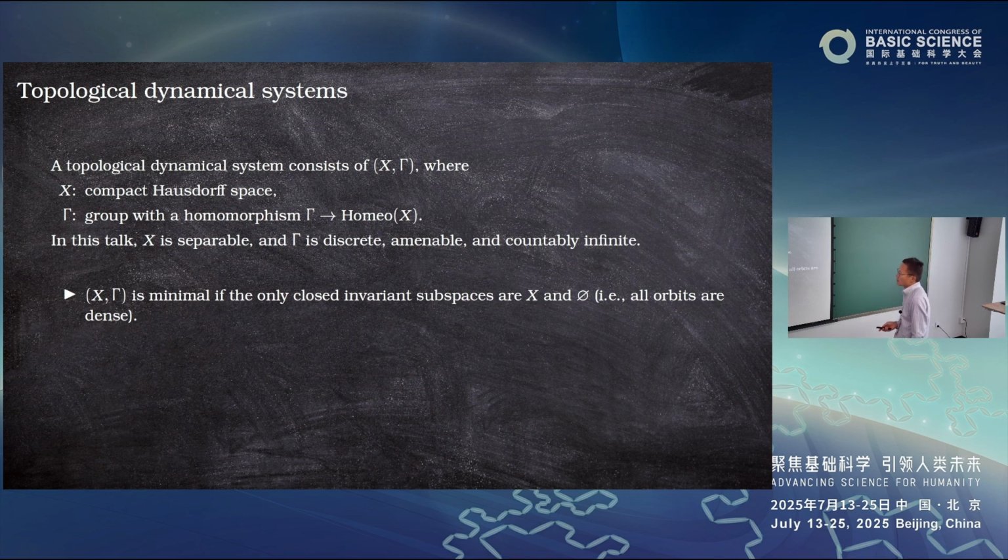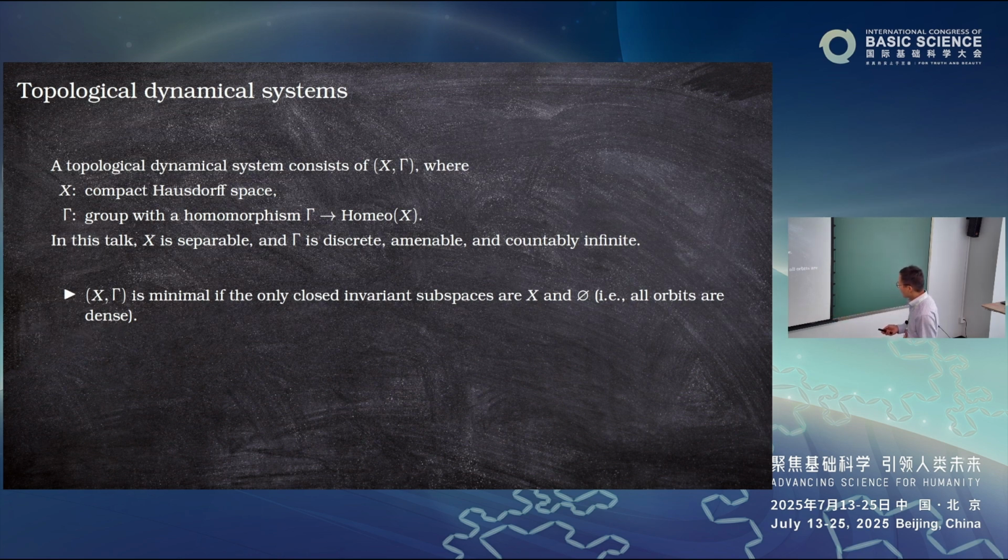Some more terminology. We are not going to look at all topological dynamical systems. We are going to look at the minimal ones. A dynamical system is called minimal if there is no non-trivial subsystem, meaning that for the action on the space X, the only closed invariant subsets are the trivial ones, either the whole space or the empty set.